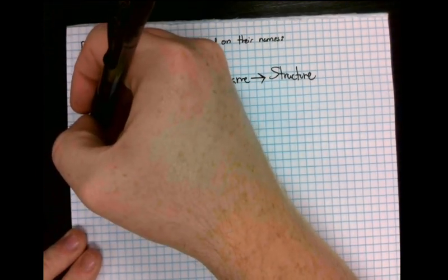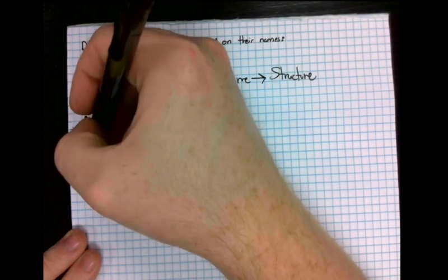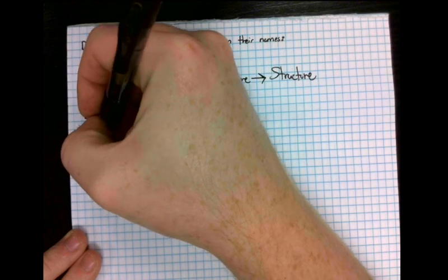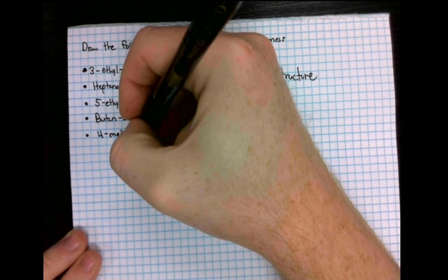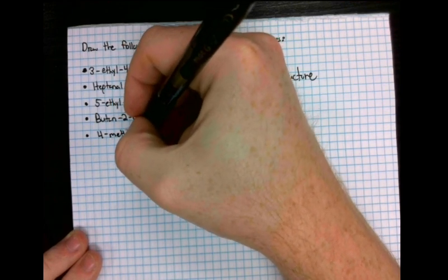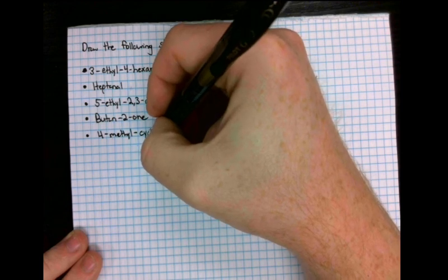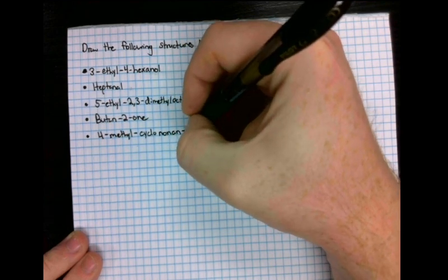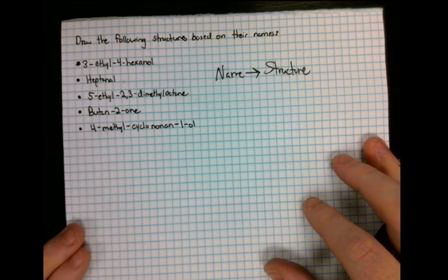We're going to call this 5th one, how about... Let me make sure I don't have one like that. Okay, I do. So we're going to do 4-methyl cyclo non-an-1-ol, a bonus one.